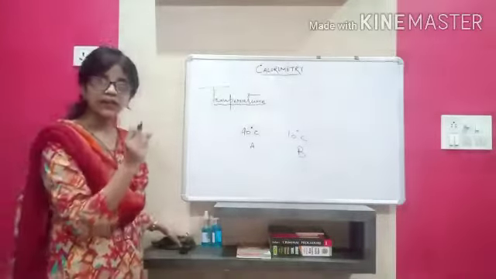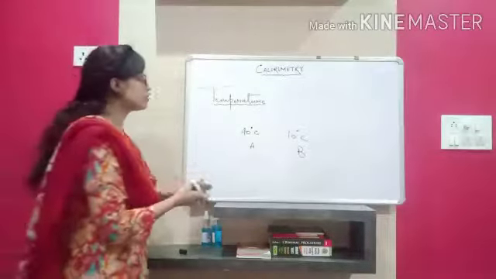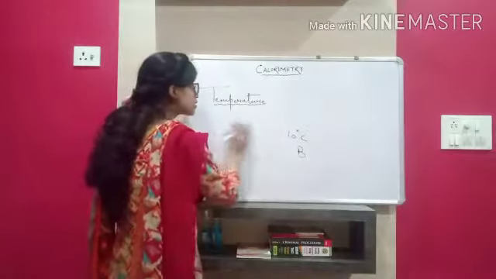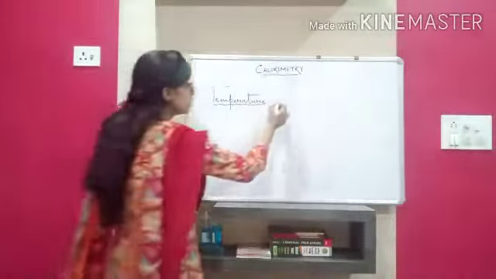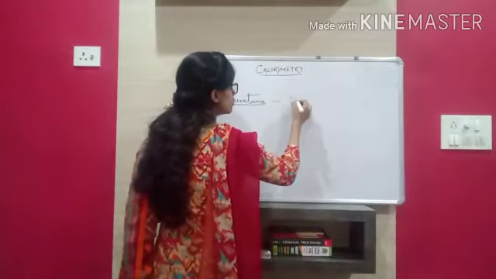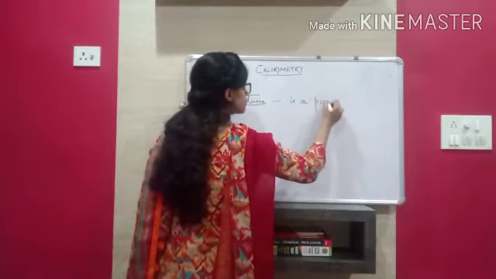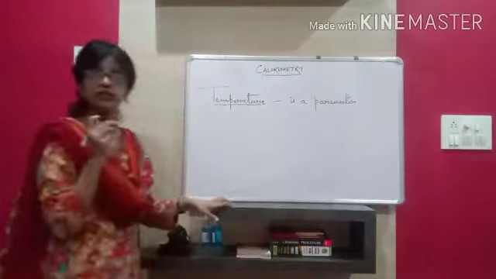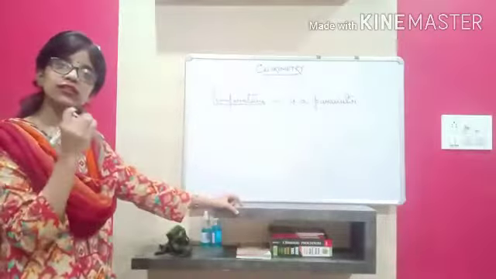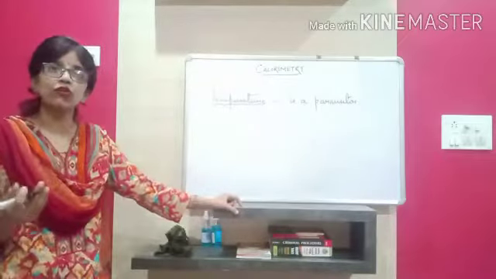That means temperature is a parameter which decides the direction of flow of heat. Isn't it? Because by knowing temperature you can decide what will be the direction of flow of heat.